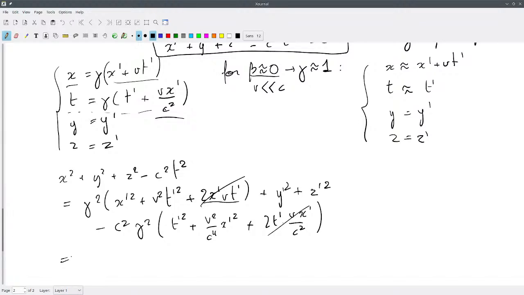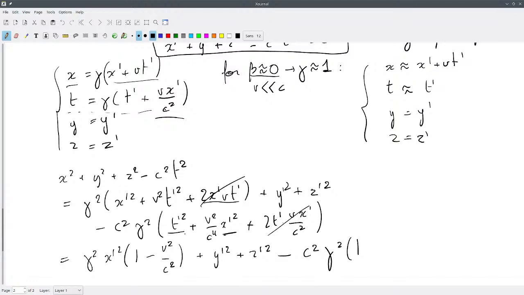So then for the remaining terms, if we put all of the x components together, we'll have a gamma squared, and then an x prime squared component. We'll have one from here, and another one from here, which will have a minus sign, and then a v squared over c squared. And we have our y prime squared, z prime squared, minus c squared. And now we're going to have a gamma squared from this t prime squared.